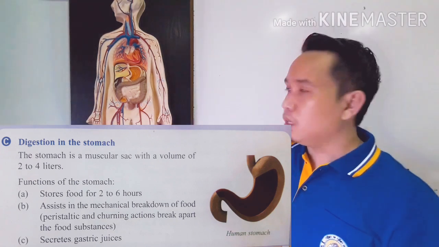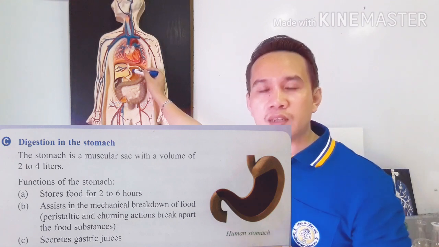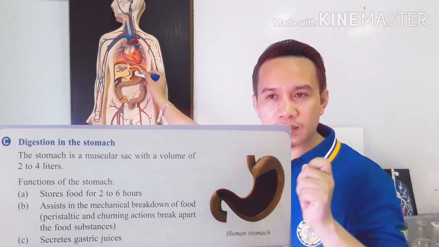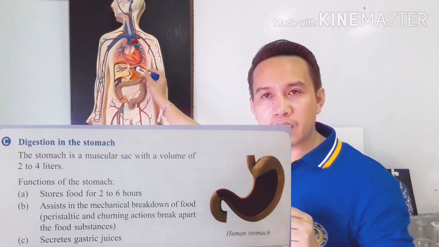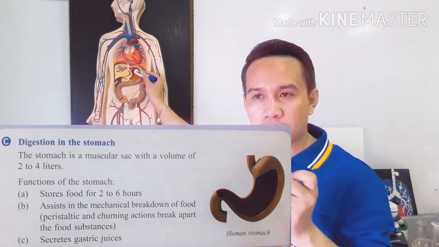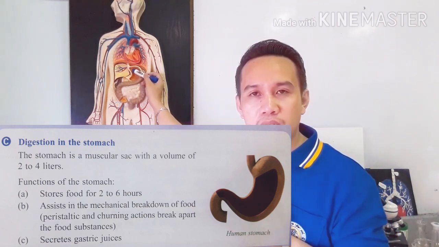Number 1, it is used to store food for 2 to 6 hours. Number 2, it assists in the mechanical breakdown of food, which is the peristaltic and churning actions that break apart the food substances.